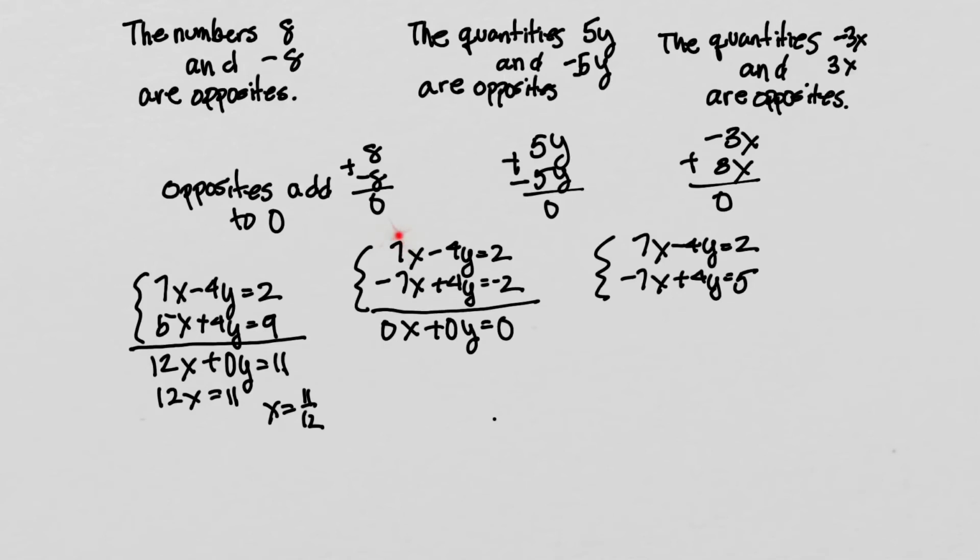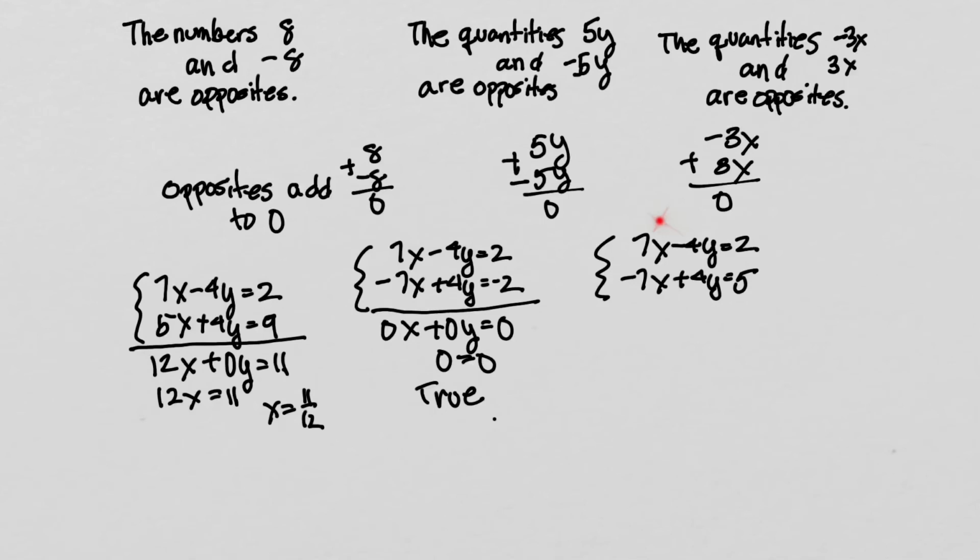You can see 7 and -7 are opposites, giving us 0. -4 and 4 are opposites, giving us 0. And 2 and -2 are opposites, giving us 0. So 0x plus 0y is 0. We get 0 equals 0, and that is a true statement. We've eliminated all the variables and gotten a true statement.